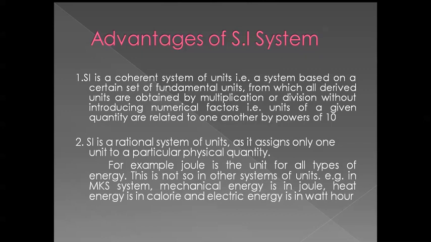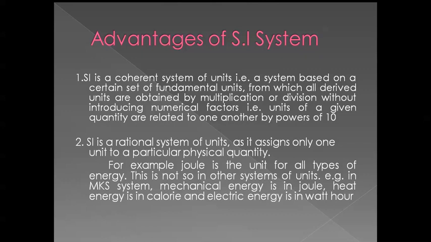So that is equal to meter per second. By simple division, simple multiplication, or both, we can easily derive all other units. So in the SI system we can simply derive all the units. Therefore, it is a coherent system. This is one of the advantages.